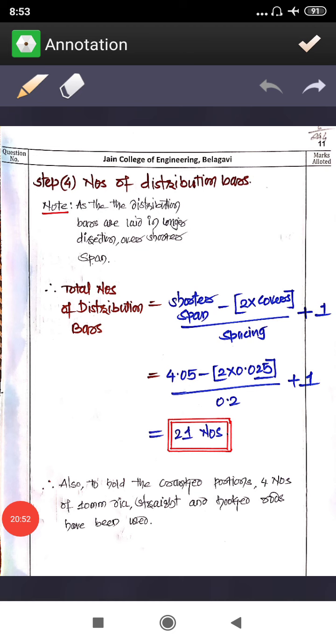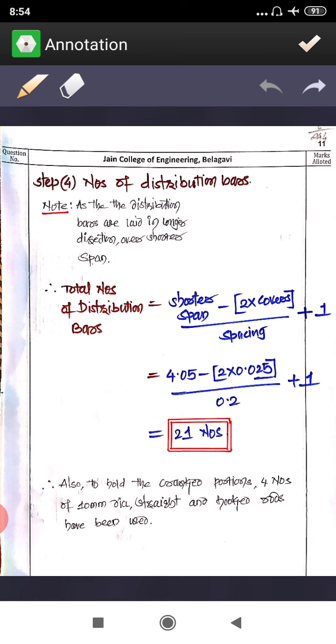So here you are supposed to take the shorter span minus 2 covers divided by spacing plus 1. So you will be having, see here, 4.05 minus 2 covers divided by 0.2, 20 centimeter center to center is the distribution bar spacing, plus 1. So it is going to be 21 numbers you are having, 21 numbers of bars you are supposed to lay for the slab.